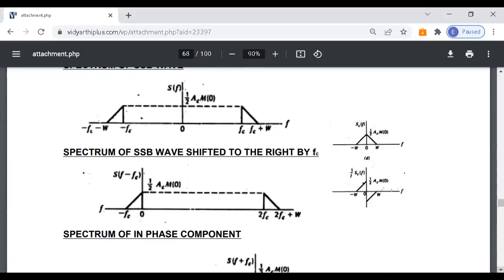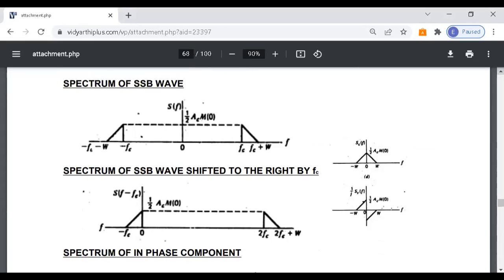Okay. So that was the spectrum of your single sideband wave.